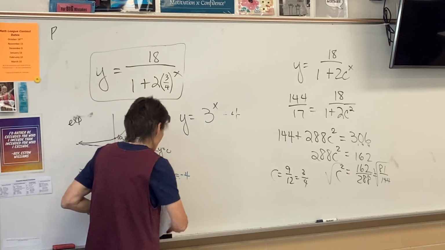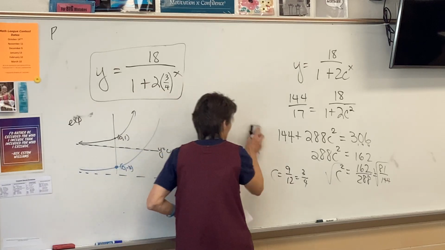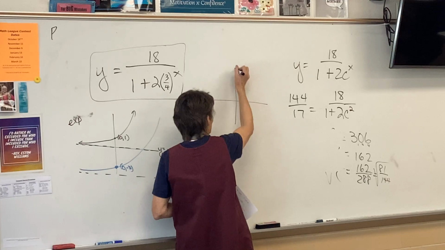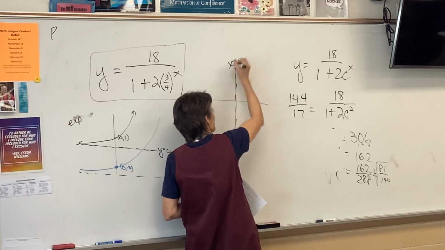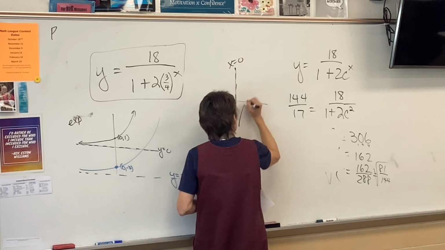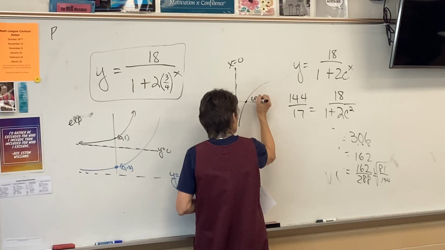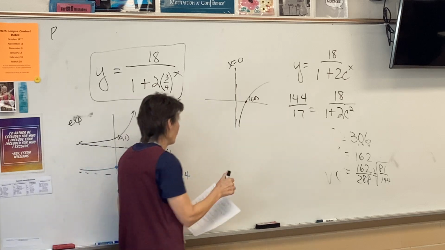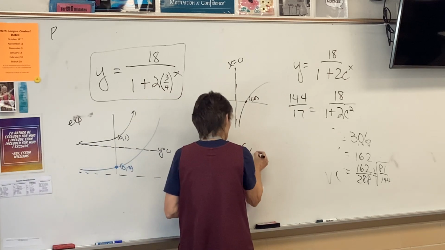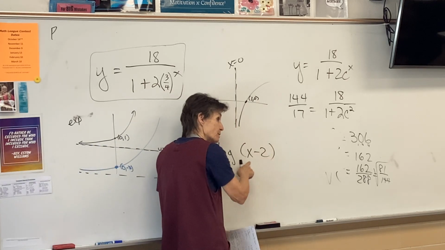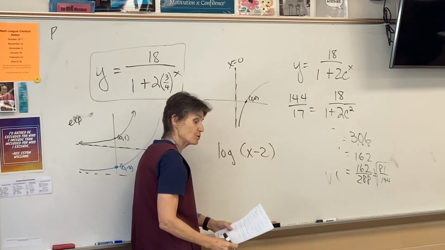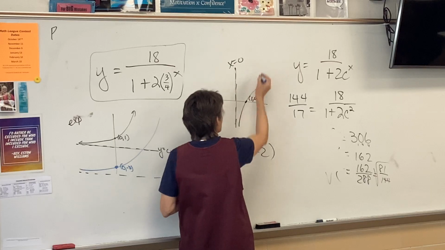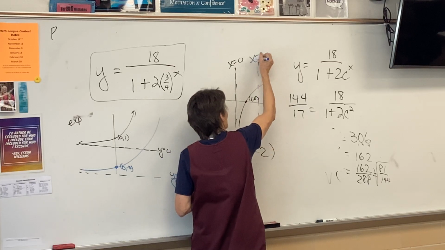Yeah. All right, now the logarithmic curve. What does your basic logarithm, your BFF logarithm look like? It has an asymptote at 0 and an x-intercept at (1, 0). Remember that? That's your logarithm. Now, what have you done? What does this do to the picture? 2 to the right. So the asymptote, instead of being at 0, is now going to be at 2.